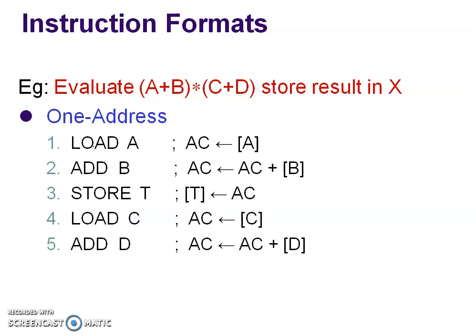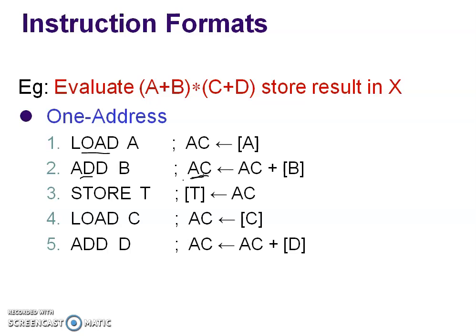The operation instruction can be like load A, which means that the value of A is loaded to the accumulator, and then add B, which means the value of B is added with the accumulator content, and the result will again be stored in AC. So now the result after adding A plus B is currently available in AC.